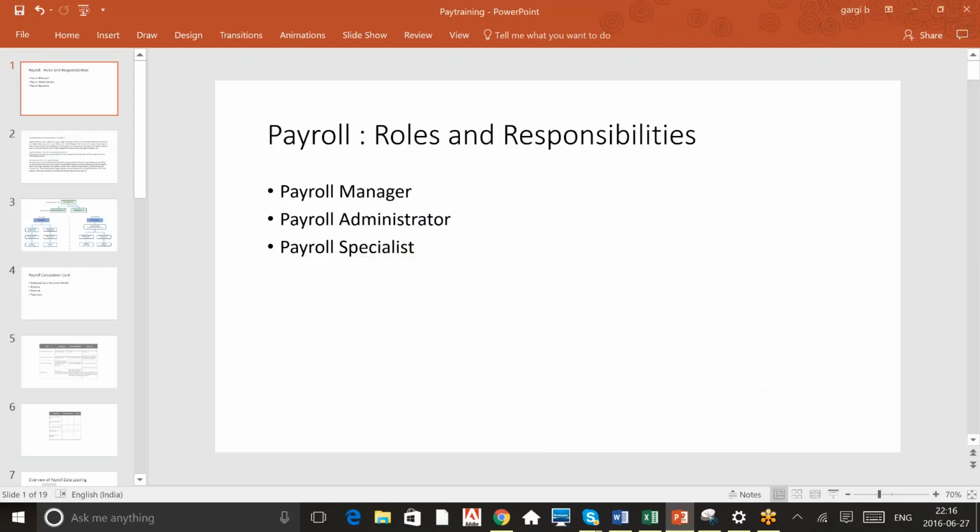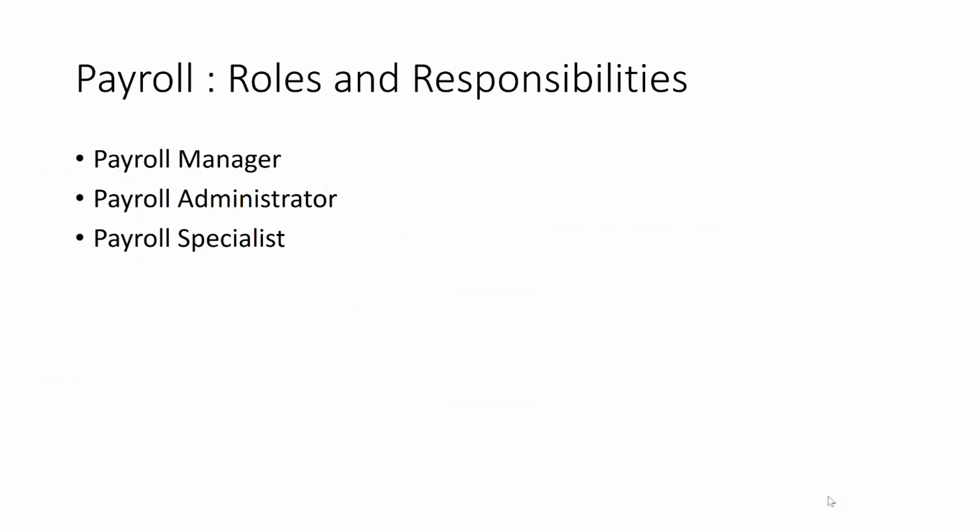Now, I will start with the roles and responsibilities that are required for the payroll processing. Now, there are 3 main roles required for payroll. One is payroll manager, then payroll administrator, and payroll specialist.